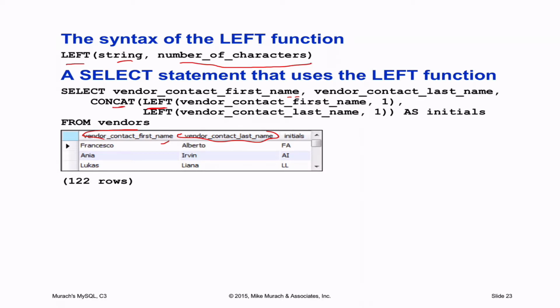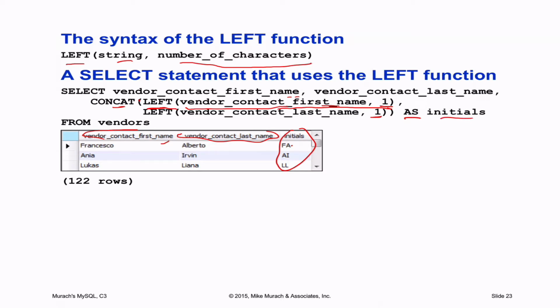Here we've got the left function with its input parameters inside another function, the concat, where it's going to concatenate the first character of the vendor contact first name and the first character of the vendor contact last name. It takes the first character of each of those fields, concatenates them together, and displays them in the column known as initials, and we can see that here.